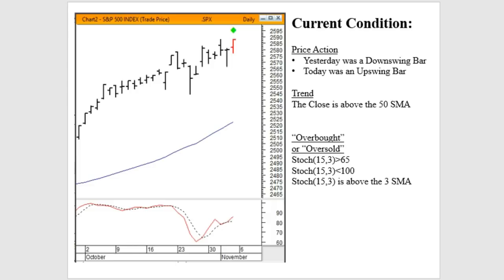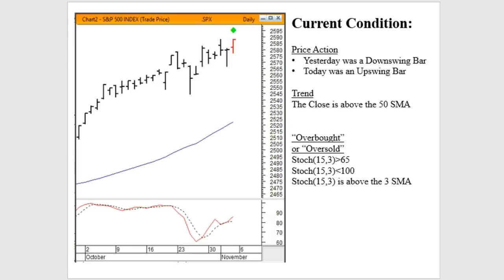In terms of price action, we had a downswing bar on Thursday and then an upswing bar on Friday, with a higher high and higher low on Friday. That price action occurred in the context of an uptrend where the close is well above the 50-day simple moving average.